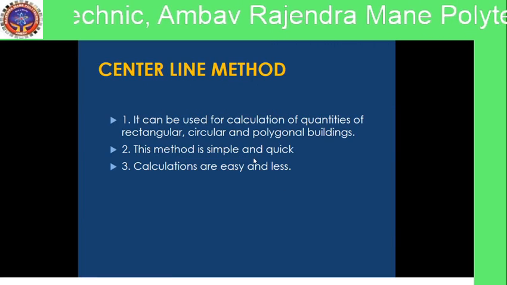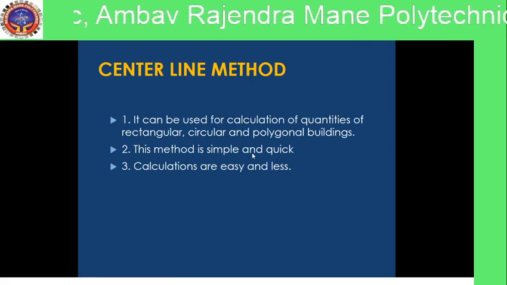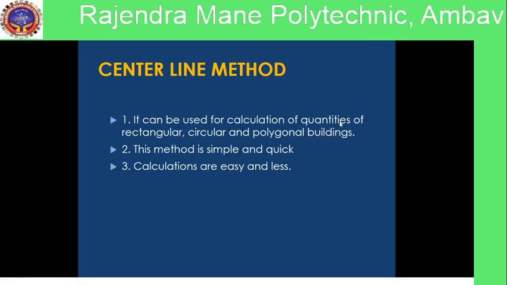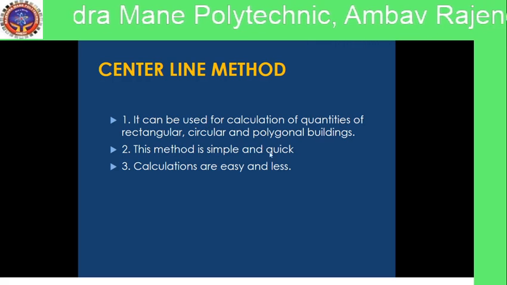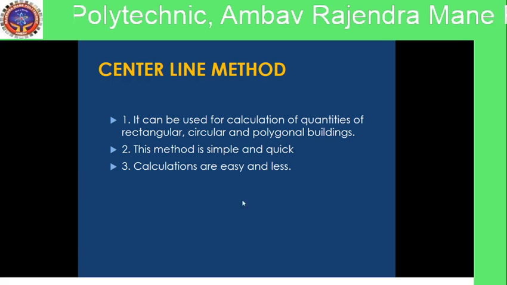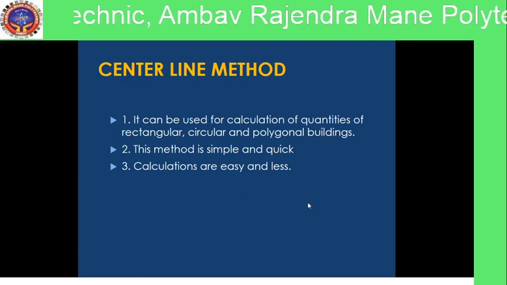The advantages of the center line method are that it can be used for calculation of quantities of rectangular, circular and polygonal buildings, and this method is simple and quick, and calculations are easy and less.